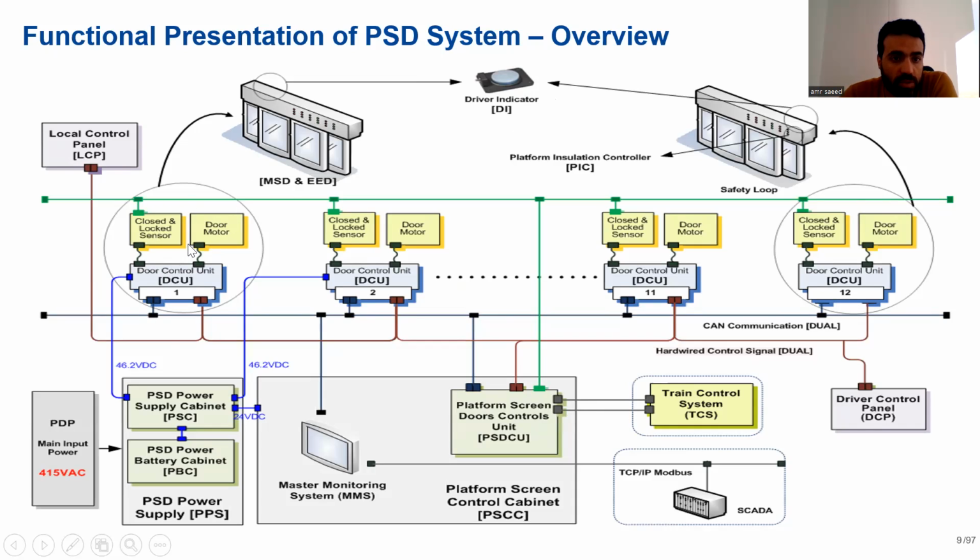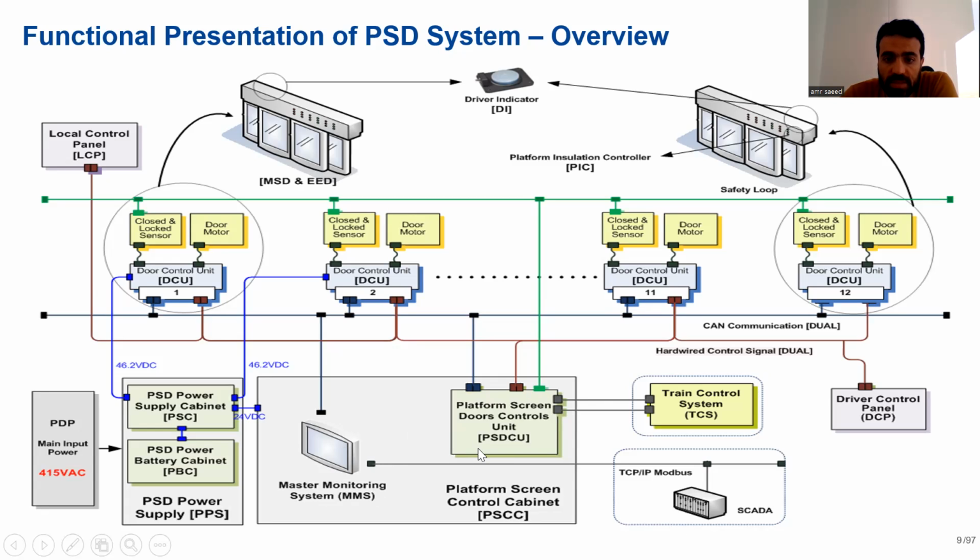We have sensors for motor and lock sensors. This is the main input power, and this is the local control panel. We have a battery cabinet in case of losing the power, and we have MMS, master monitoring system, which monitors every movement of the PSD system.